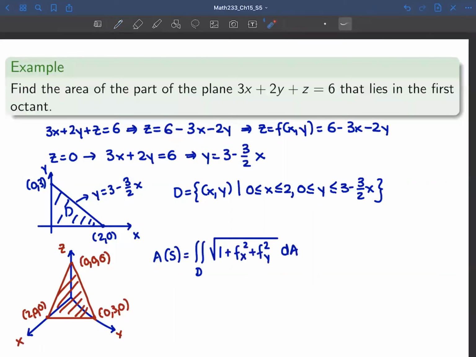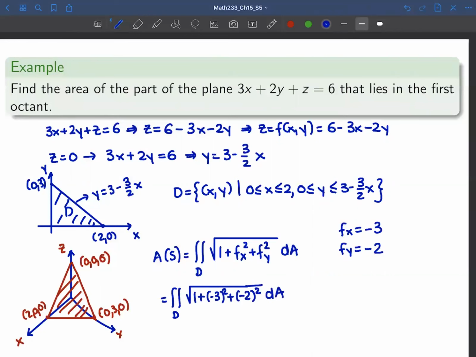From the equation that we are given, f of x y equals 6 minus 3x minus 2y, we can compute fx to be equal to negative 3 and fy to be equal to negative 2. So if we substitute those, we have the double integral over the region D of the square root of 1 plus negative 3 squared plus negative 2 squared times dA.